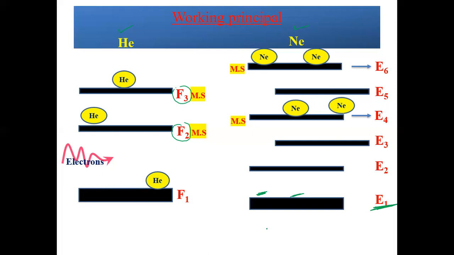Continuously, this process is achieved by the collision. In this case, the population inversion is achieved between the states E4 and E6.